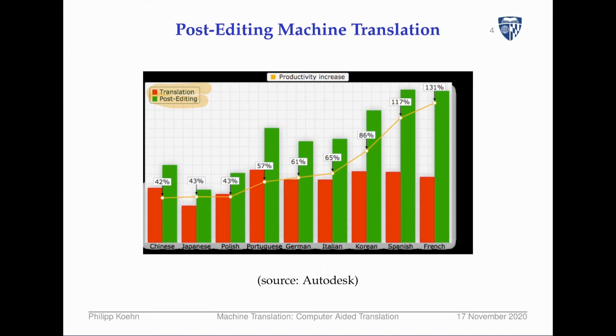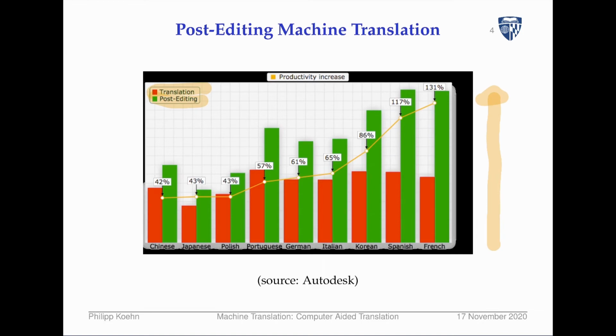And here they show the productivity increases. So they don't say exactly what the bar here is, but it's probably something like how many words per hour can a translator translate. That's a fairly common metric in professional translation, and typical numbers there, maybe 500 words per hour, maybe 1,000 words per hour. It depends a lot on the material and the language, obviously, as you can also see here.